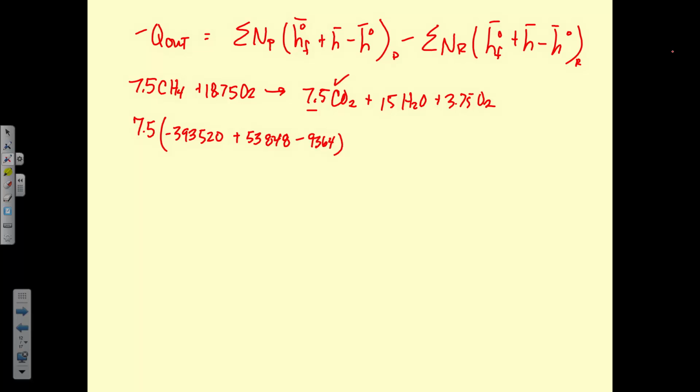Okay, so that's CO2. Plus 15 times the enthalpy of formation for H2O in the gas form, negative 241,820, plus 44380, that's the enthalpy at 1200 K, minus 9904, which is the enthalpy at the reference state.